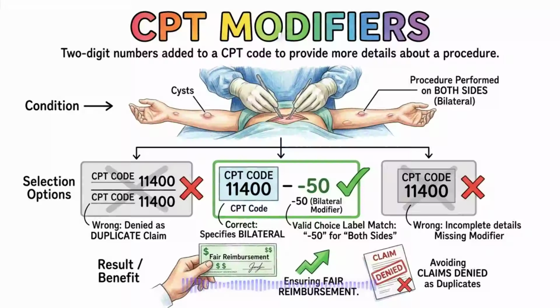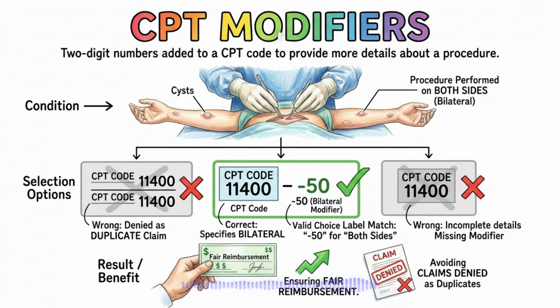Sometimes a procedure is performed slightly differently than the strict CPT description implies. Which brings us to the use of modifiers. CPT modifiers are two-digit numbers appended to the end of the main CPT code to provide additional information without changing the core definition of the service.